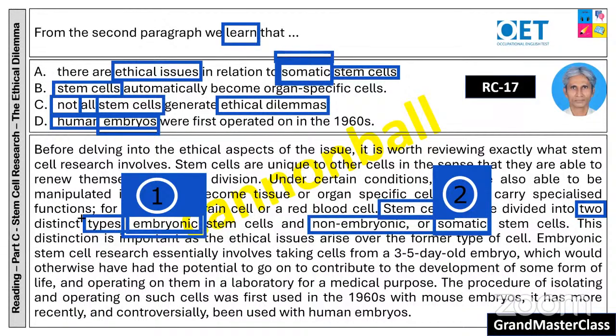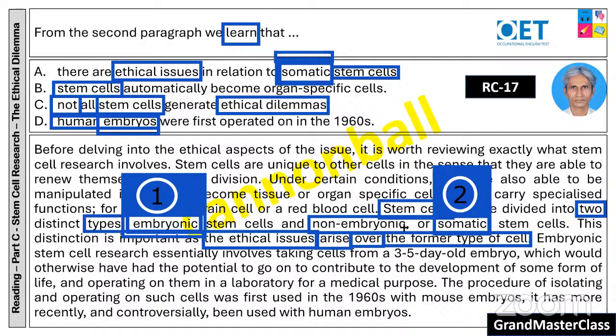We are bothered about the ethical issues. Arise means come, develop; over means regarding, about the former type of cell.